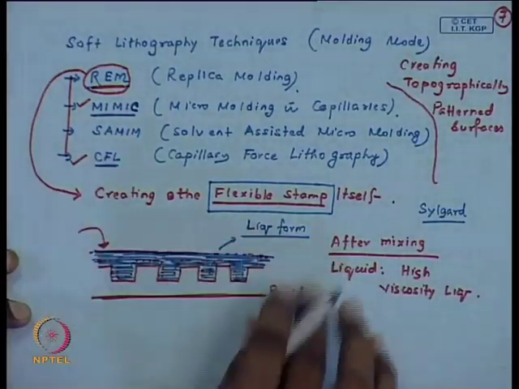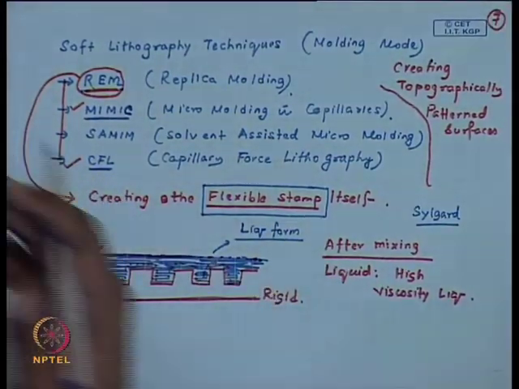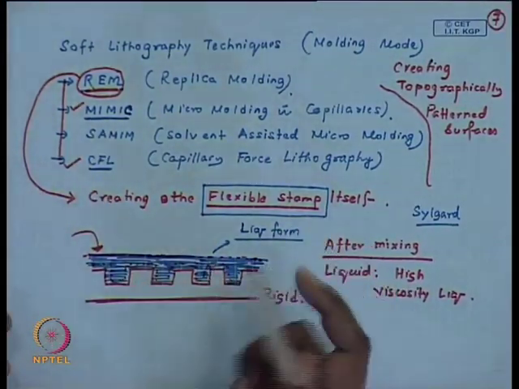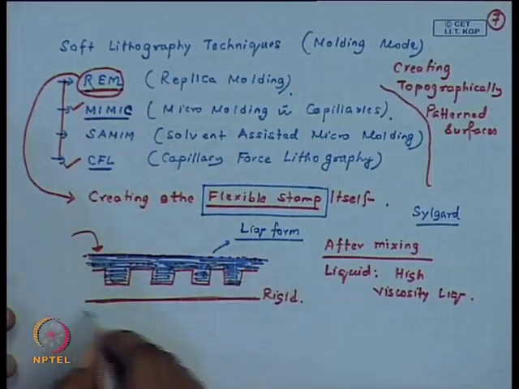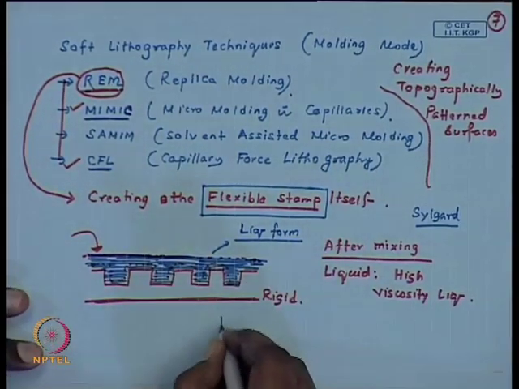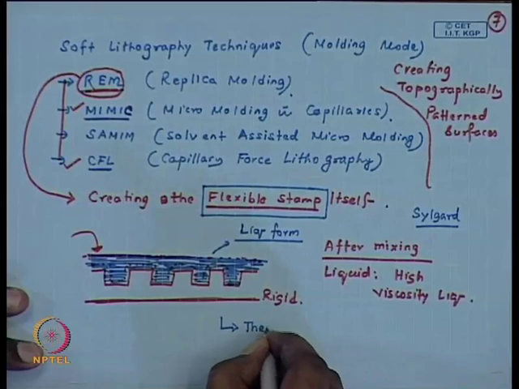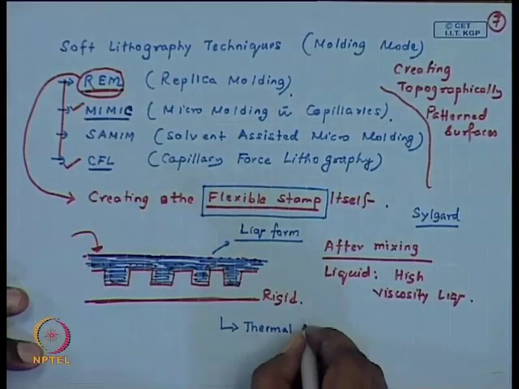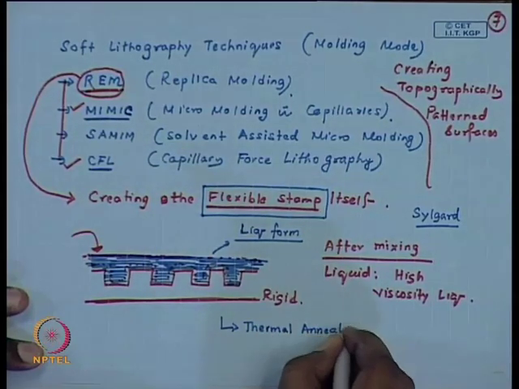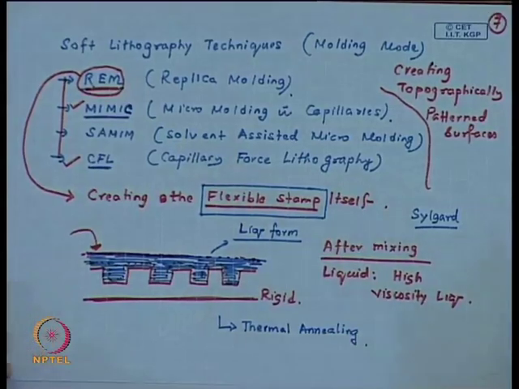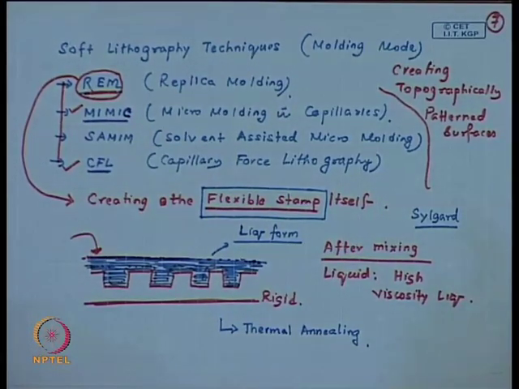You can leave this prepolymer for a long time, or you can put this whole assembly into thermal annealing. If you now thermally anneal it at elevated temperature for a desired duration, which can vary from 2 hours to 24 hours, these are certain protocols.